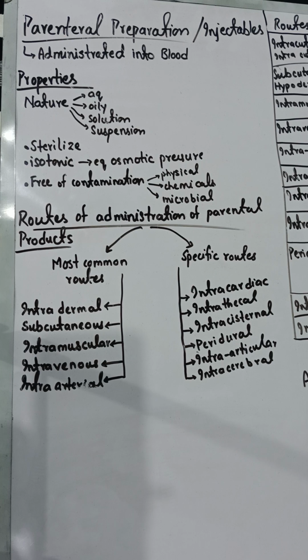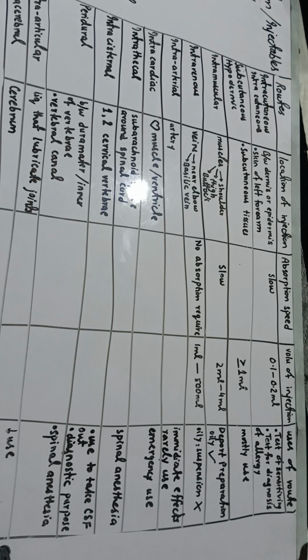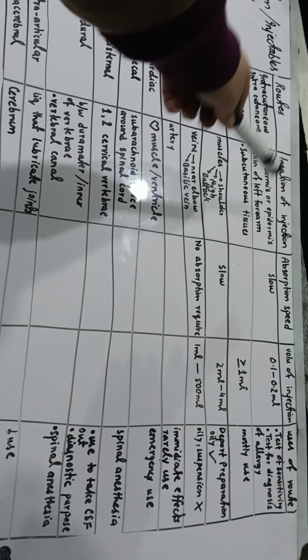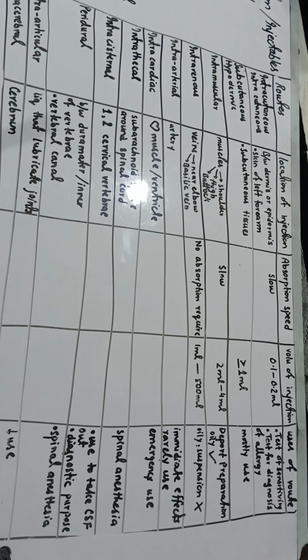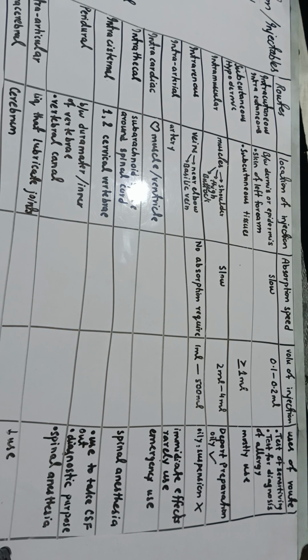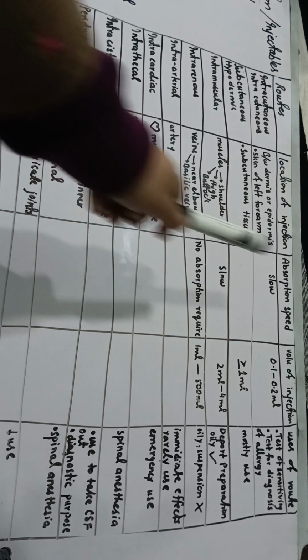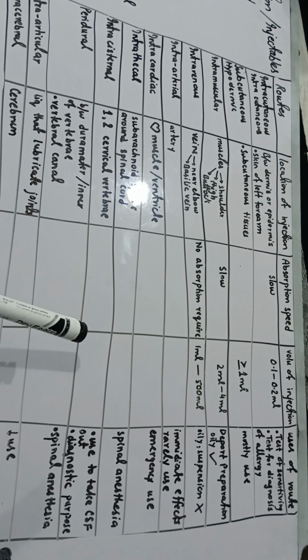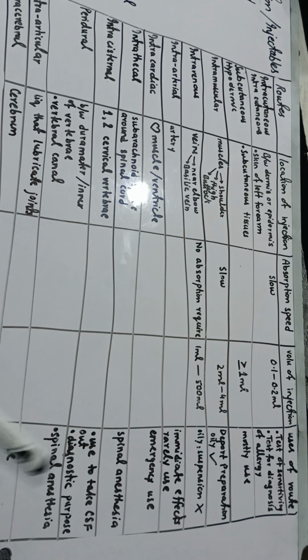Now we are going to discuss all of these routes in a table, and then we will discuss what their characteristics are. So here is the table which I have made for you. First we are going to discuss all the routes here. These are the locations of an injection, that is, where a particular injection should be injected in a particular site of your body. Then we also discuss their absorption speed, the volume of injection you can inject, and the uses of that route.